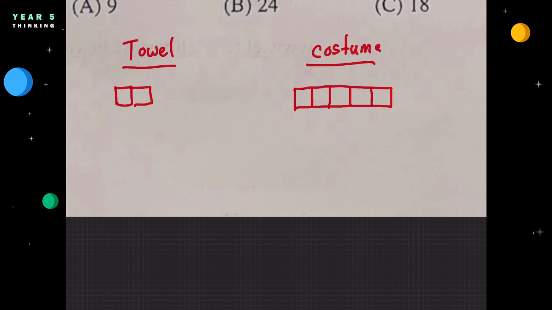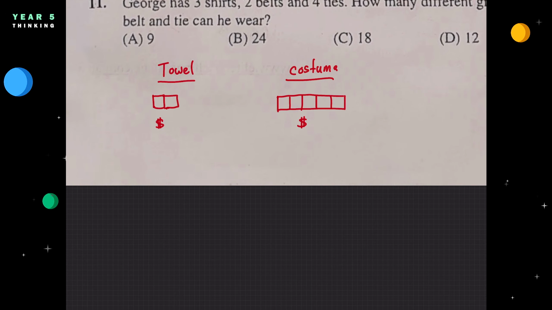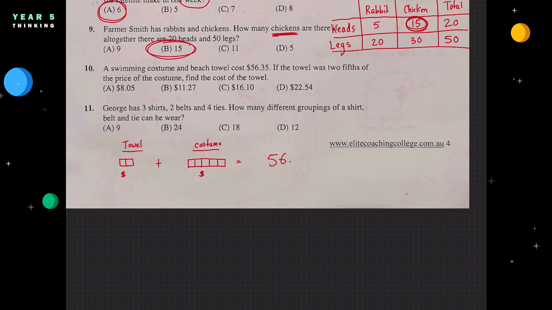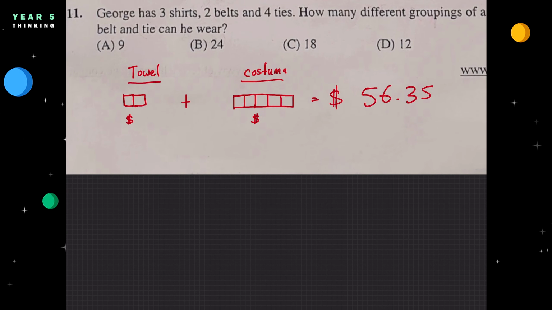So the price of the costume can be divided by 5, and the towel is 2/5 of that. If we add the prices of these two together, how much do we get? We get $56.35. Alright, so can you imagine if we add these blocks up, how many blocks do we get altogether? 2 blocks plus 5 blocks is how many blocks?